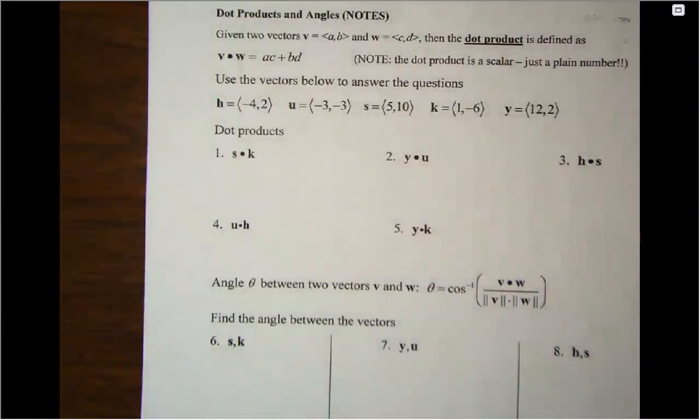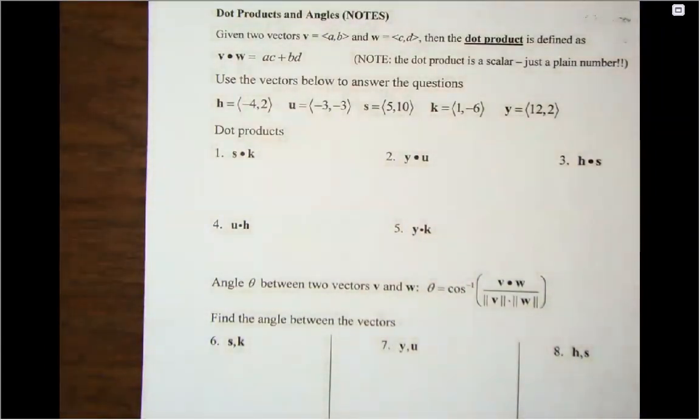So the next thing we are doing with vectors is called the dot product. On Thursday and Friday, we talked about how to add vectors and do what's called a scalar multiple and combine them that way. And that was all fine. But when we did that, we actually got a vector.